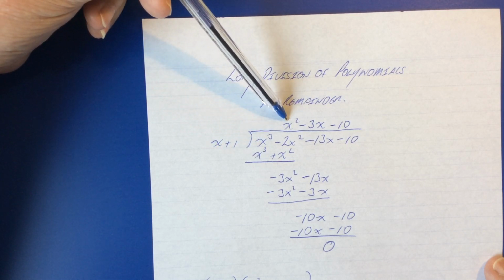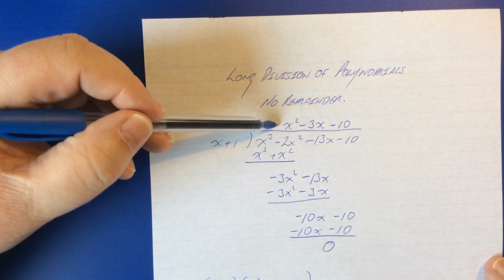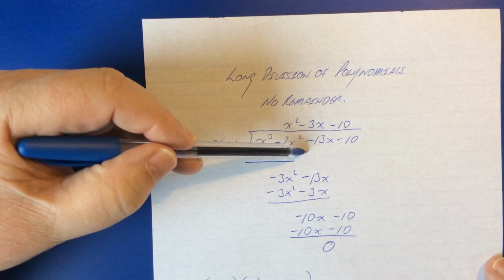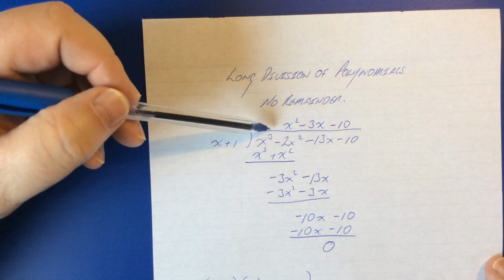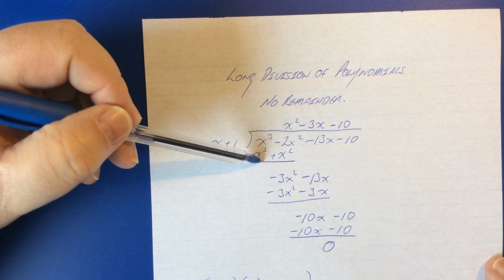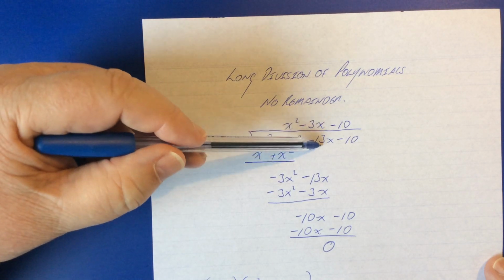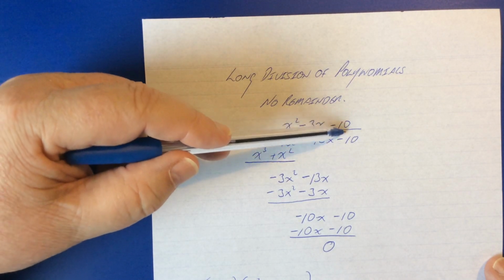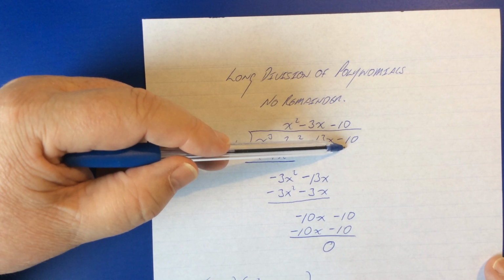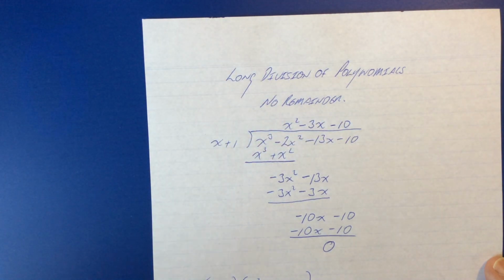And the answer is multiply it by x squared. So we write x squared up here. And you'll notice that I have this, as neatly as I possibly can, arranged in columns. So I have the x cubeds, the x squareds, the x's, and the constants sort of lined up.